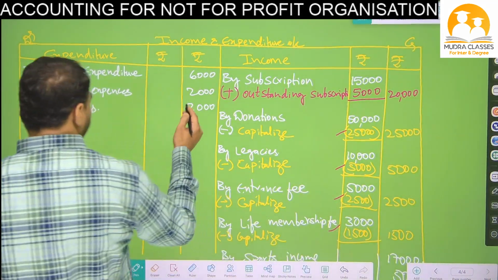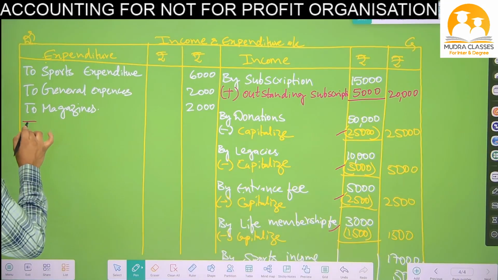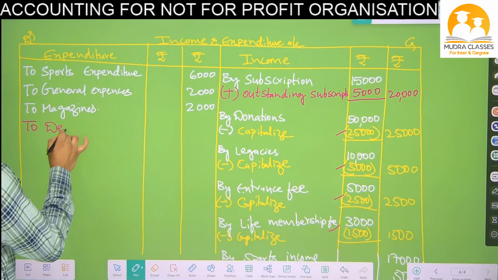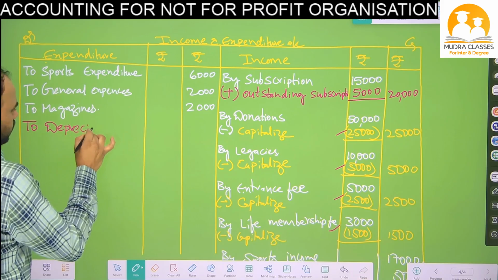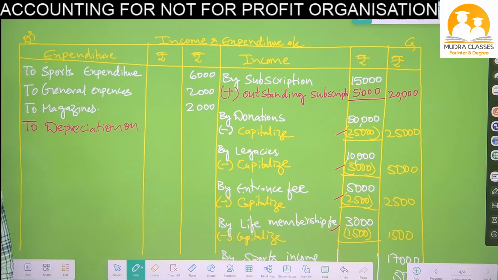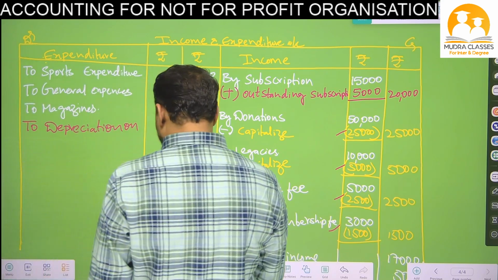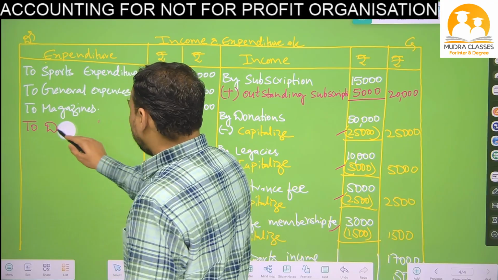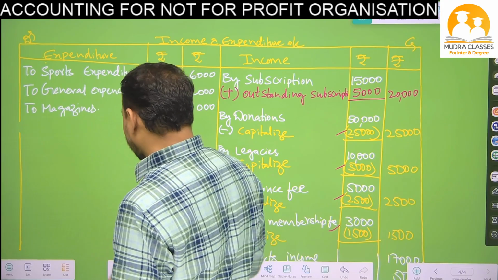So on the debit side, in the income and expenditure account, debit side to depreciation on sports material. Are you able to see? Just a minute. Yes. Better I will write with white pen mark so that you can see clearly.